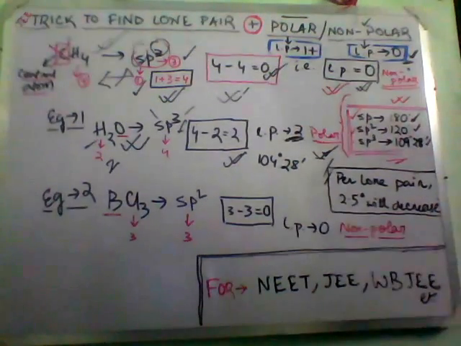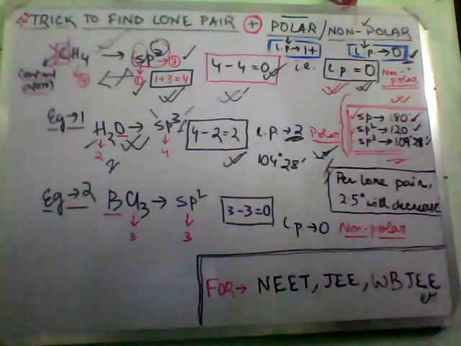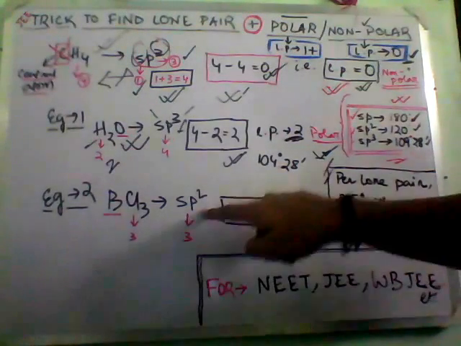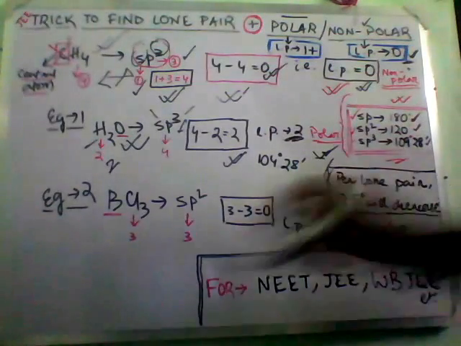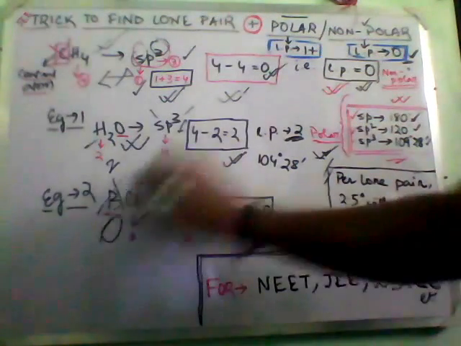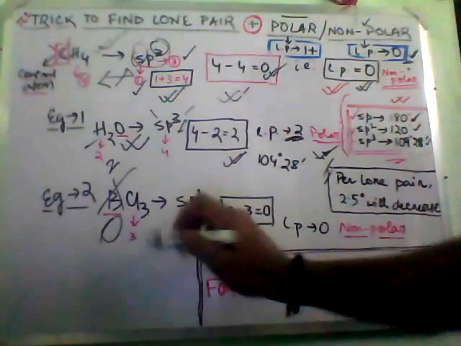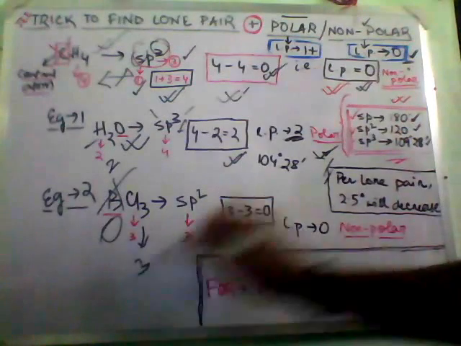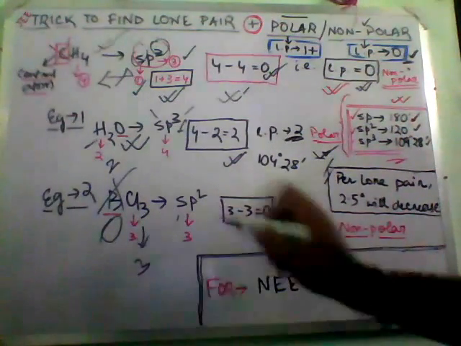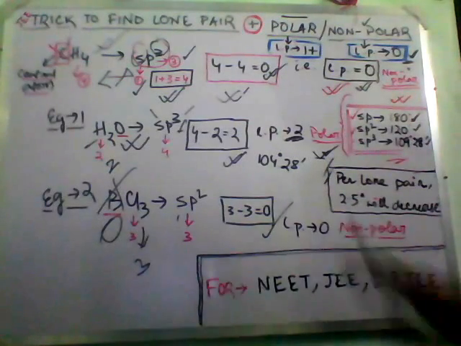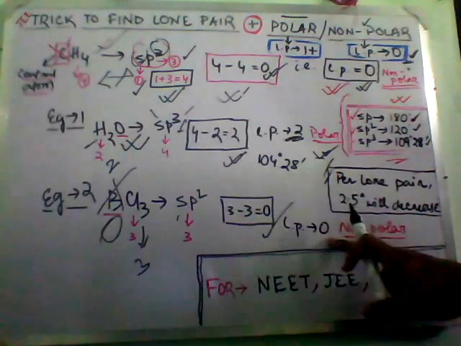Now another one, BCl3. First the hybridization state, it's sp2 by that trick. The central atom is B. The rest is chlorine, how many? 3. sp2, 1 s, 2 p, 3. 3 minus 3, 0. Lone pair coming is 0.